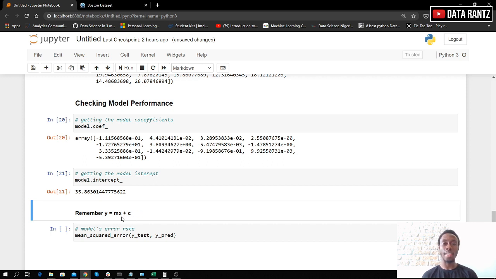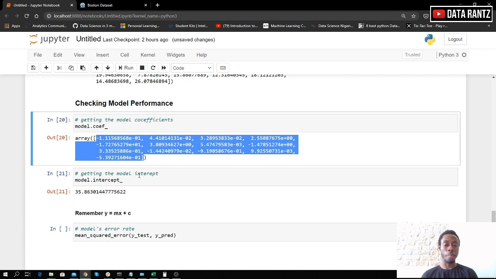This is the exact structure that this model is using to make predictions. Your y is your y, your m are the coefficients of each of your features, while your c is the intercept. If you input x to this formula, it's going to predict y, and that's what your model is using here.